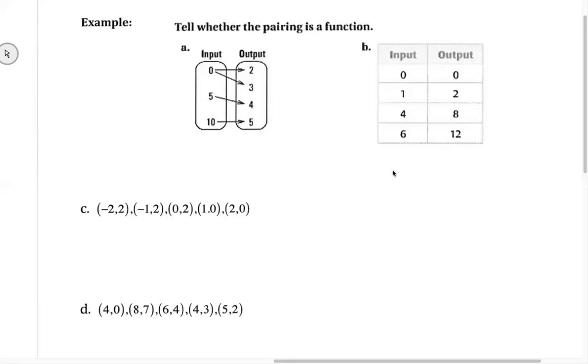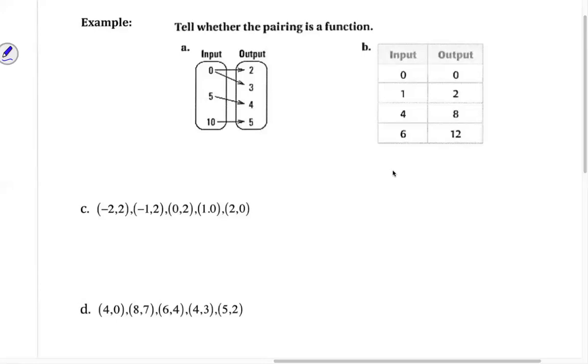So with the input, we only want to see one input going to one output. So how do I figure that out from this? Well, does everybody see how 0 has two arrows coming from it? Because 0 has 2 arrows coming from it, it means that it's being repeated.